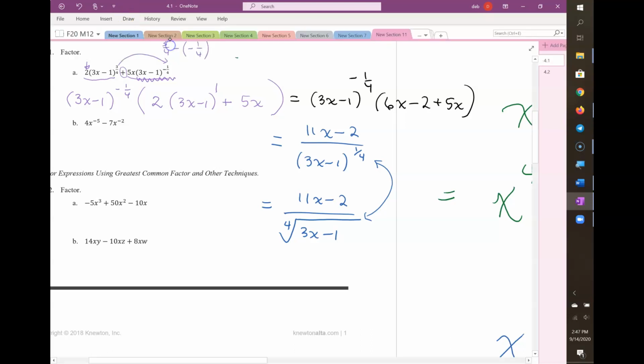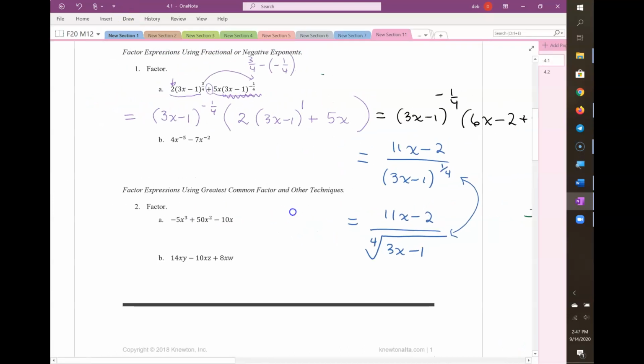Okay, so let's look at another example. In this example, we're looking for the smallest exponent. So that's going to be x to the negative 5.